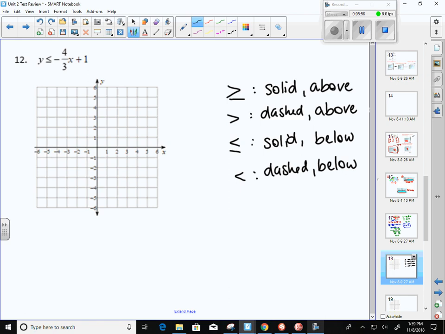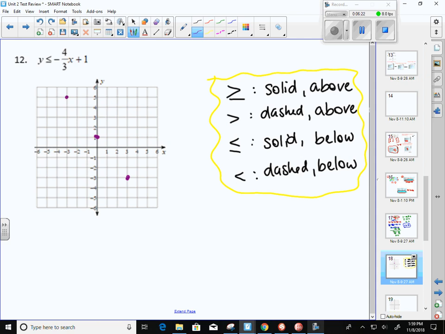All right, so that might be something, again, that you put on your little sticky note size paper. Looking at this, we're going to plot it just like we would any other line. You put a y-intercept at 1, and then our slope says to go down 4 and over 3, or you could go up 4 and over to the left 3.